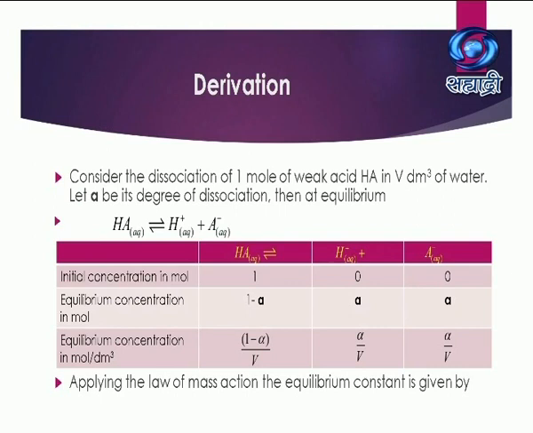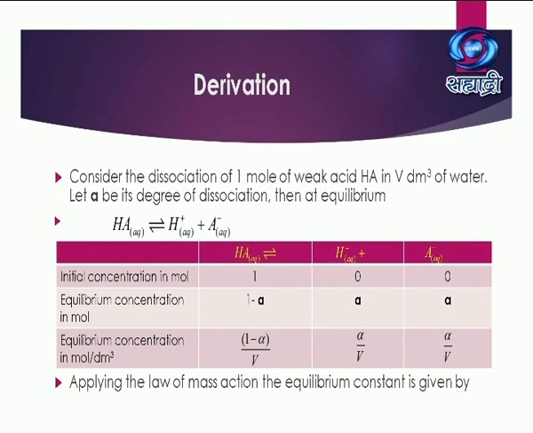Now alpha is the degree of dissociation when equilibrium is attained. So alpha moles out of 1 mole form ions. According to the equation, it is very clear that when 1 molecule of HA dissociates, it forms 1 H plus ion and 1 A minus ion.